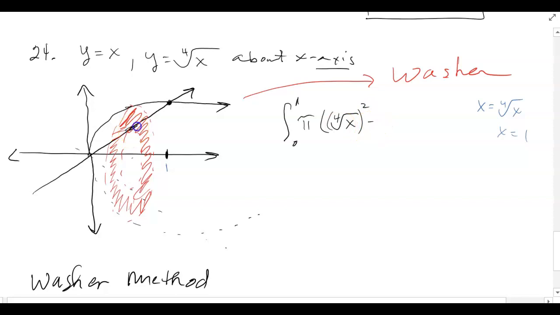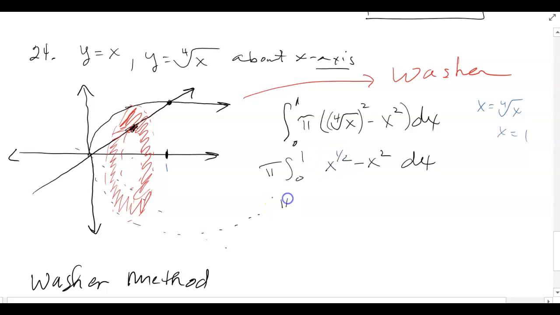The inner function, which is right here, is going to just be x squared dx. Let's clean it up a little bit. Move the pi out front. If you take the 4th root and you square it, you end up with the square root. And I'm actually going to write my square root as x to the 1/2.